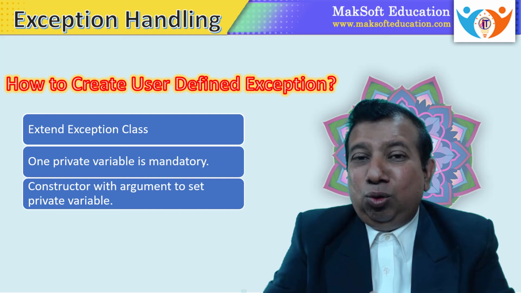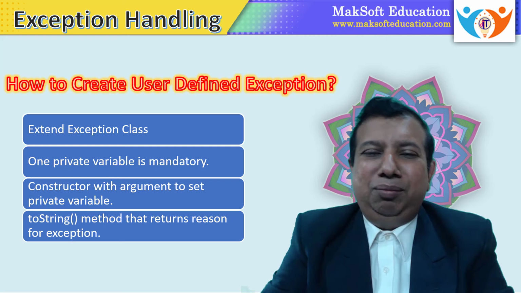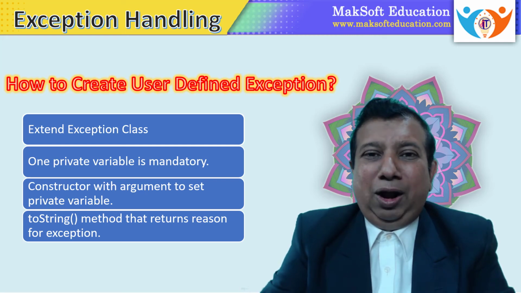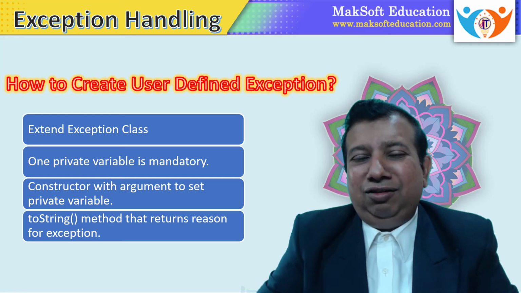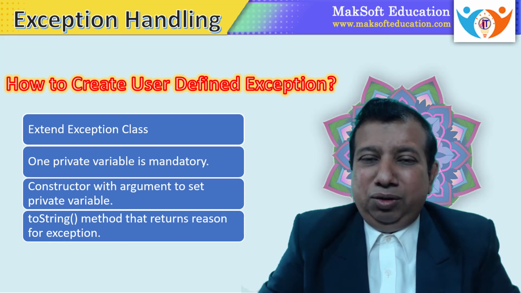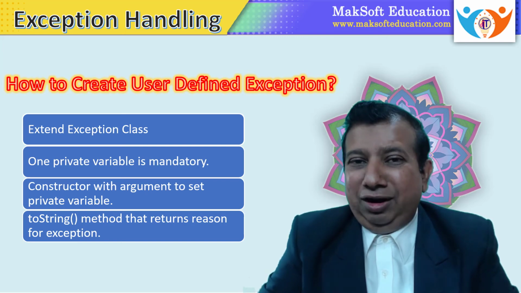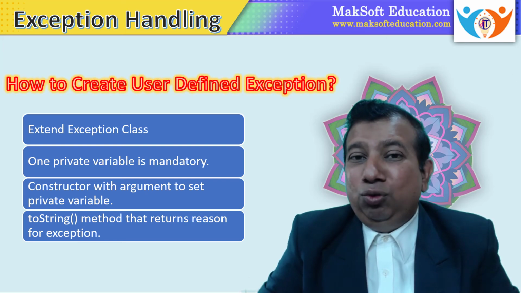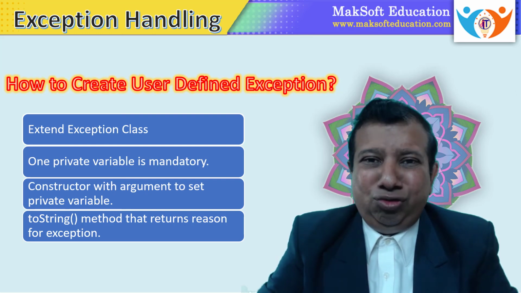Now, if you are creating your own exception class, it is mandatory to write code for the toString method, and in the toString method you have to return a string that contains the reason why this exception has been raised. Continuing the example we have seen, if you are creating a user-defined exception for date mismatch, and the toString method is called, it should display: order date should be less than delivery date. That message is very important, otherwise the user will not understand why this exception occurred and what the solution for it is.